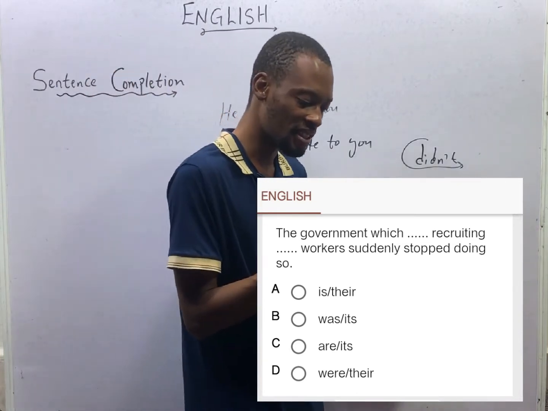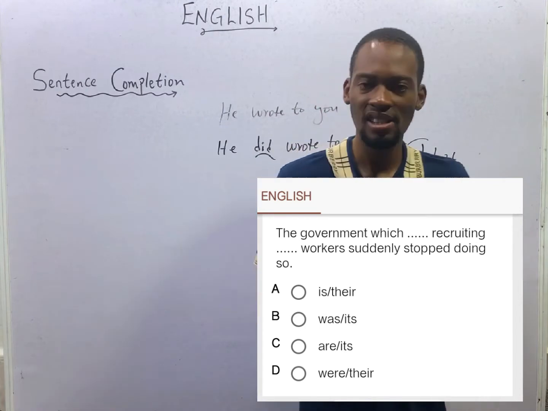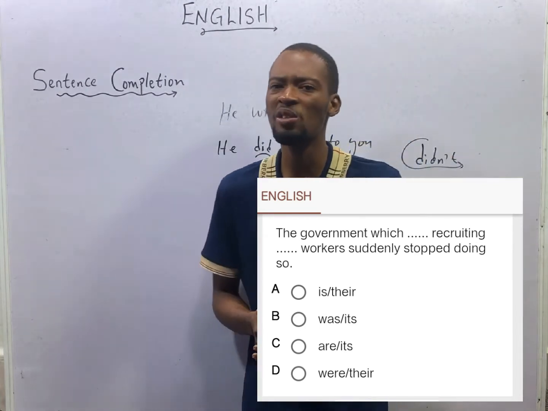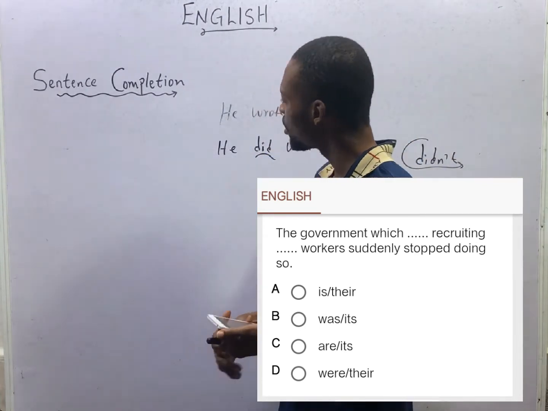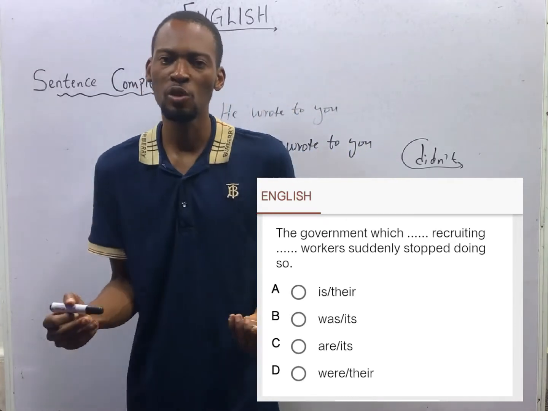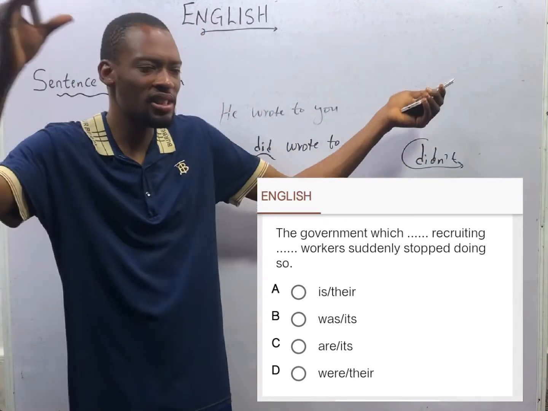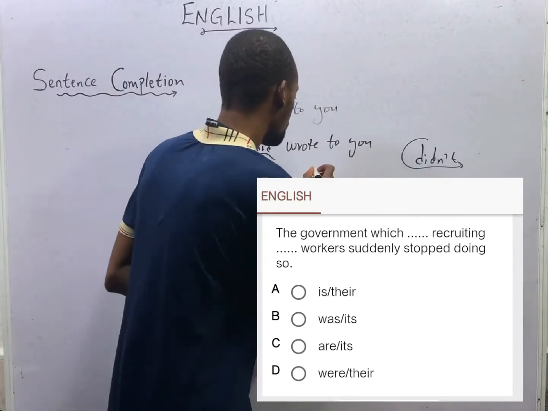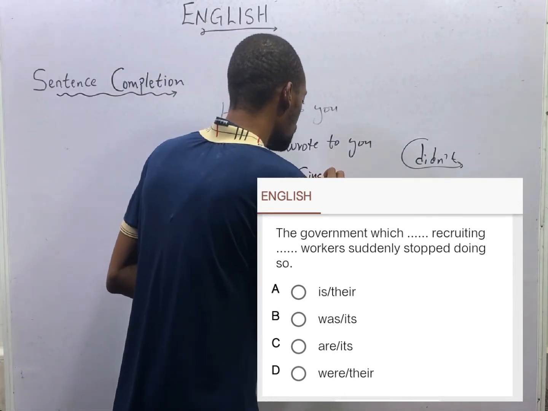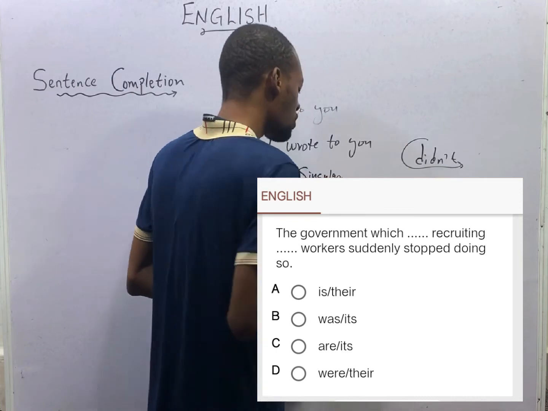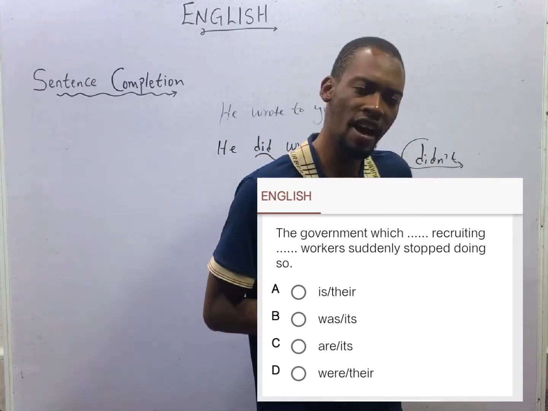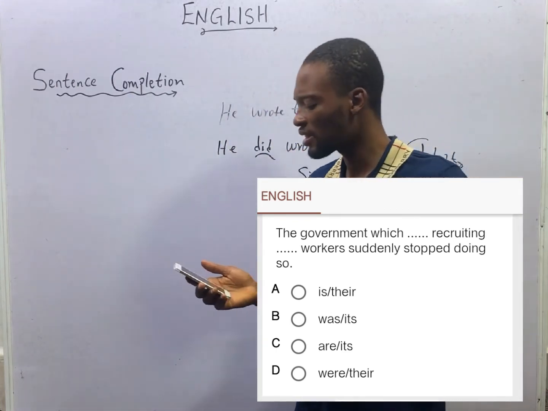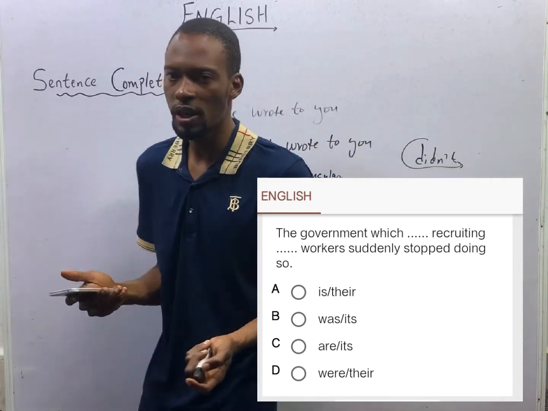Take a look at this. From the context, and generally, we take the word government to be singular. Government is a body. They are acting as one. So government is singular. So if government is singular, the verb, whether in past or present, should also be singular.